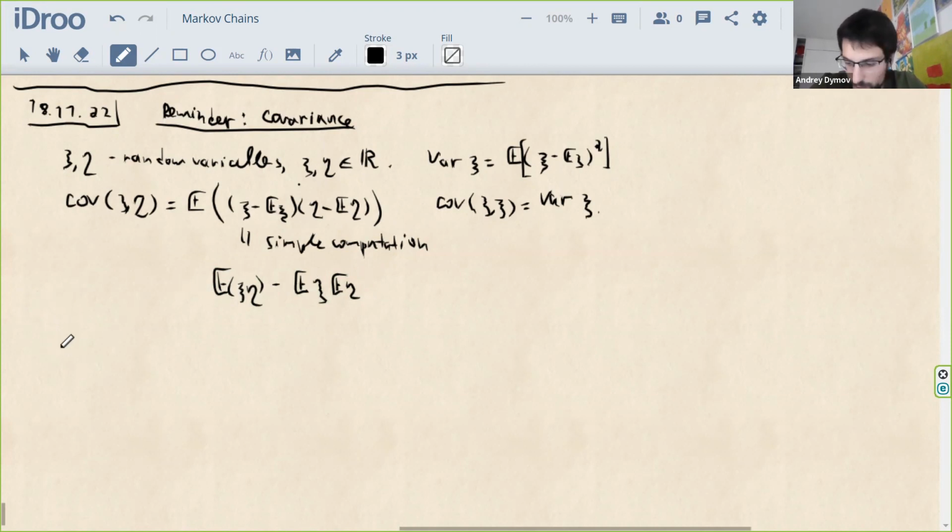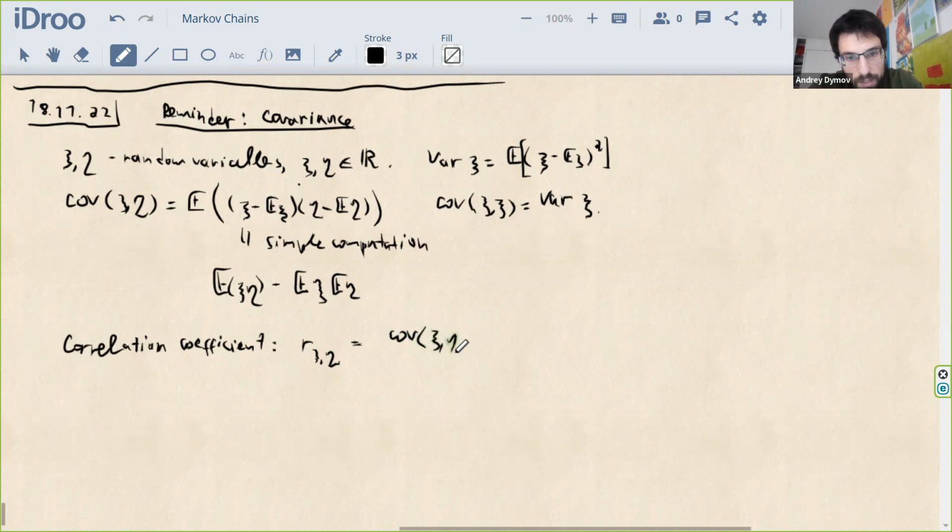Let me also introduce the following object, which is called the correlation coefficient. I will denote it by R psi eta, and it equals the covariance of the random variables psi and eta normalized over the product of the variances, but I should take the square roots.